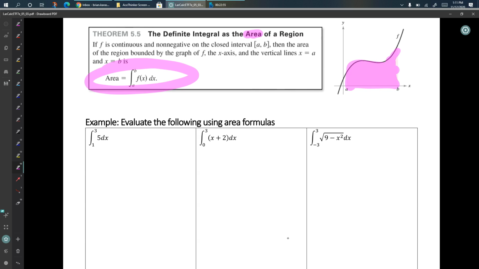If the function ever goes negative on the interval that we care about, because look over here, this function goes negative there, but I don't care. And the reason I don't care is, what's my interval of caring? Well, I only care about the interval from a to b. And from a to b, it's positive. So then the value of the definite integral is the area bounded.